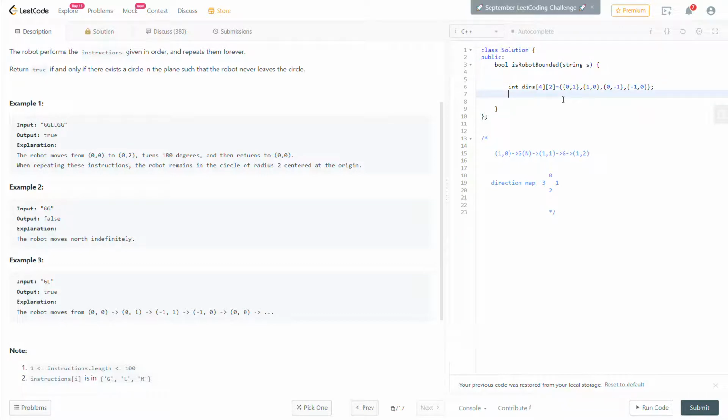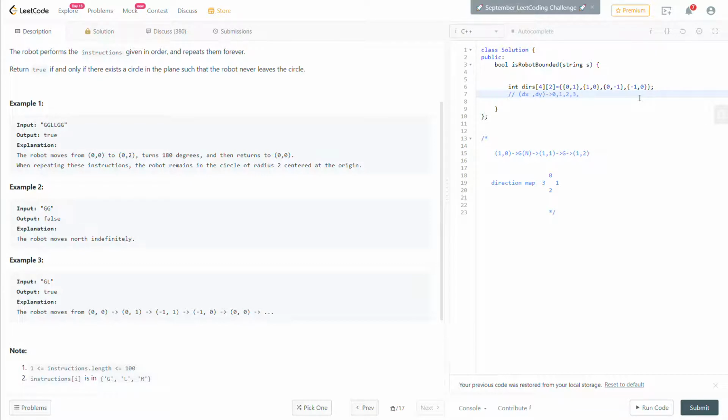Note that I've taken this order because I've taken 0 to be north, 1 to be east, 2 to be south, and 3 to be west. If we write it in this order, these are the dx, dy displacement pairs for each of the 4 directions in order 0, 1, 2, 3.